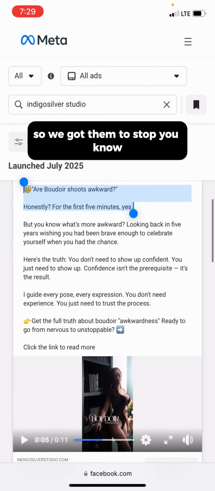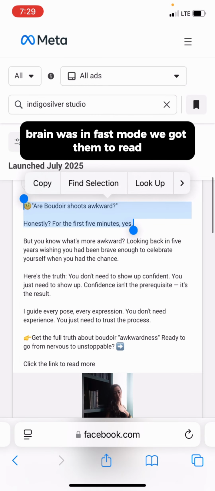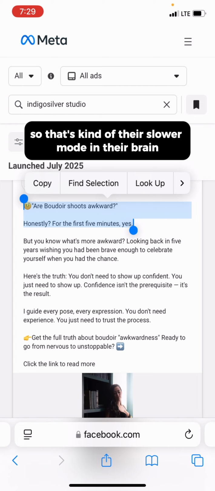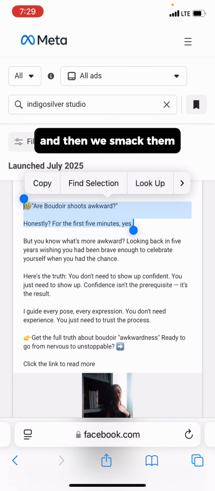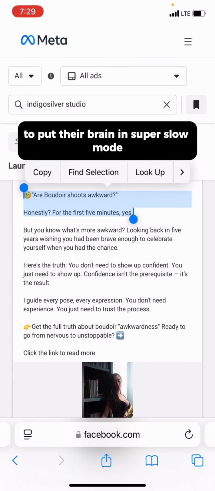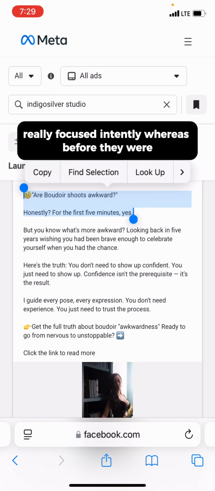So we got them to stop scrolling. Their brain was in fast mode. We got them to read the See More headline and click see more. So that's kind of their slower mode in their brain. And then we smack them in the face with a huge wall of text to put their brain in super slow mode. It's really slowed down, really focused intently, whereas before they were TikTok brain scrolling.